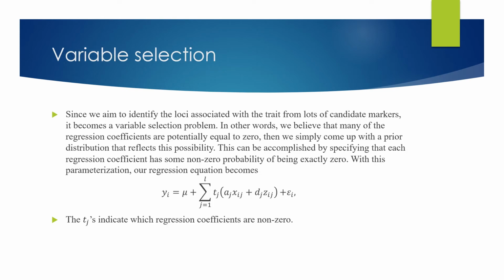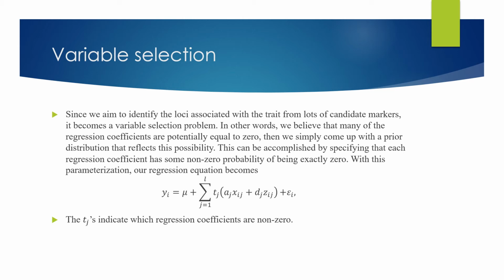Since we aim to identify the loci associated with the trait from lots of candidate markers, it becomes a variable selection problem. In other words, we believe that many of the regression coefficients are potentially equal to 0. Then we simply come up with a prior distribution that reflects this possibility.